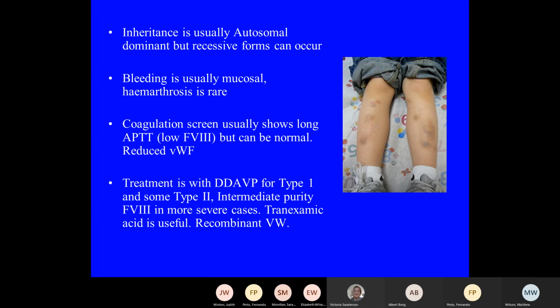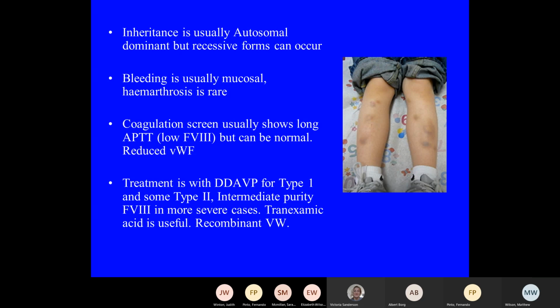The coagulation screen usually shows a prolonged APTT because the 8 is low, but it can also be normal in milder forms.